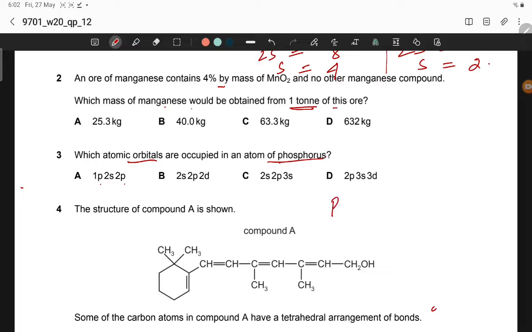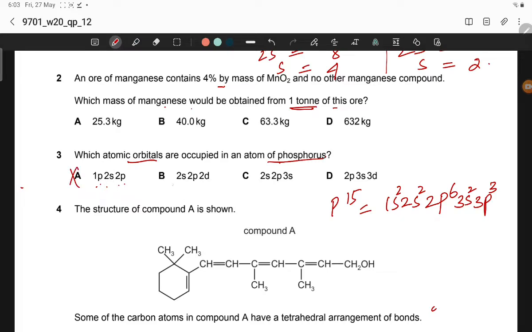This is phosphorus 15: 1s2, 2s2, 2p6, 3s2, 3p3. So 1p, 2s, 2p.